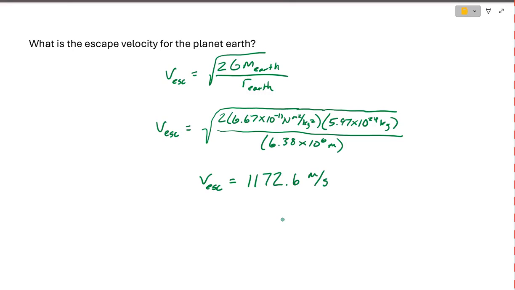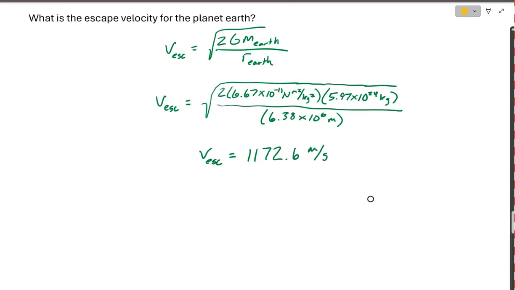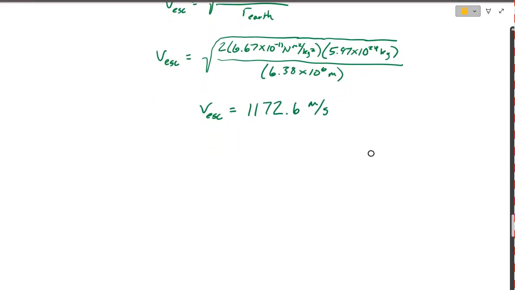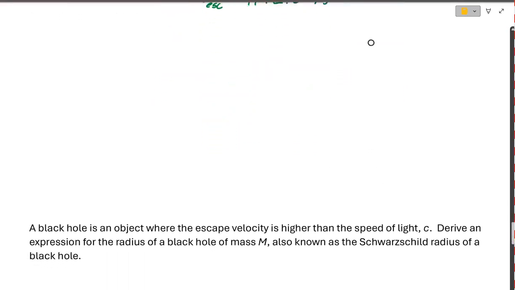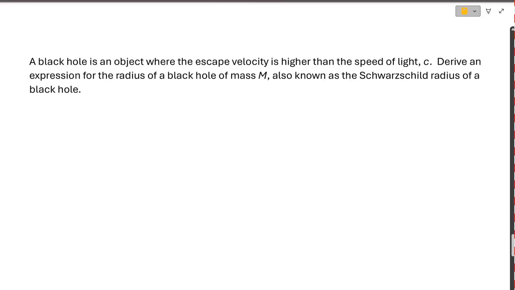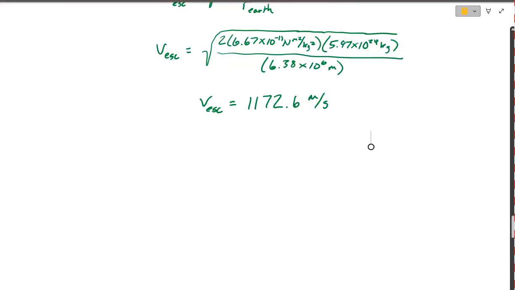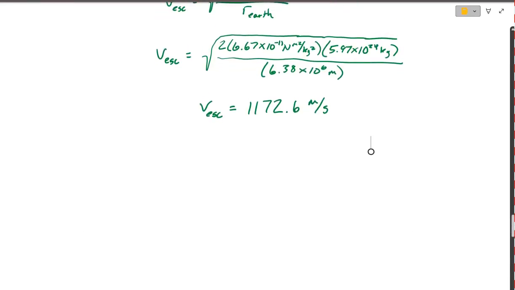If you need individual help on calculations, we can do that later. But there's some fun applications to this. I forgot to take the square root. Yeah, I got 11,106. Oh, that's why.